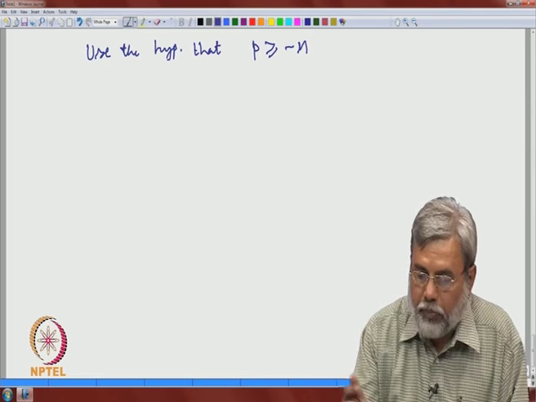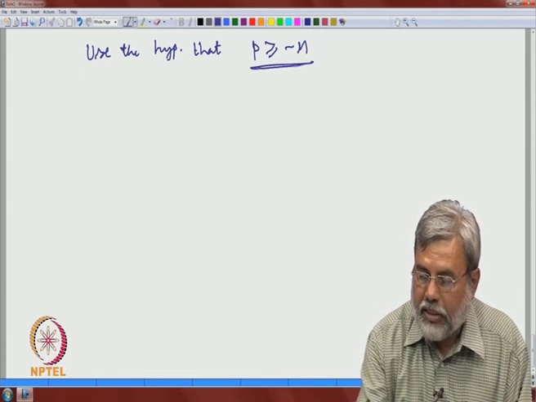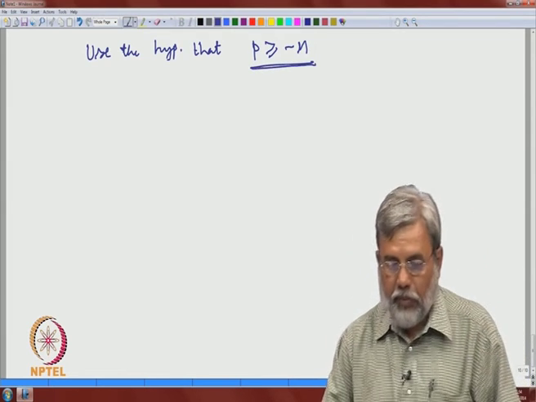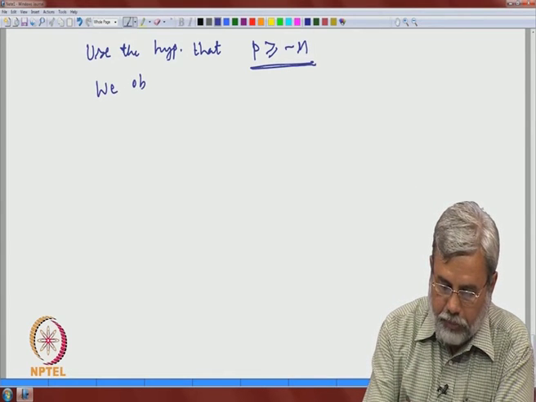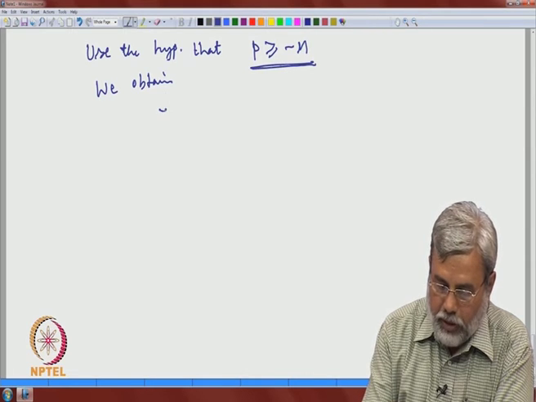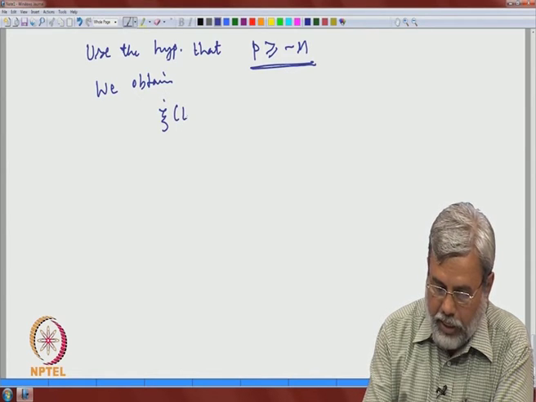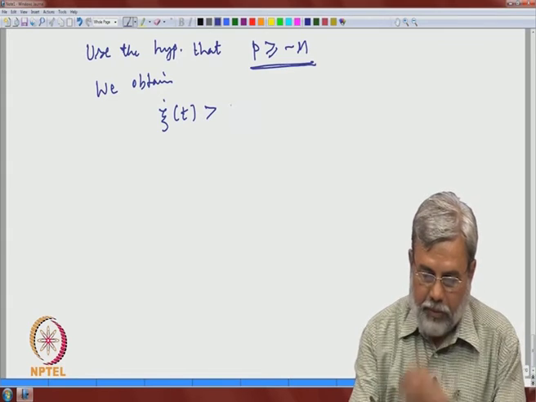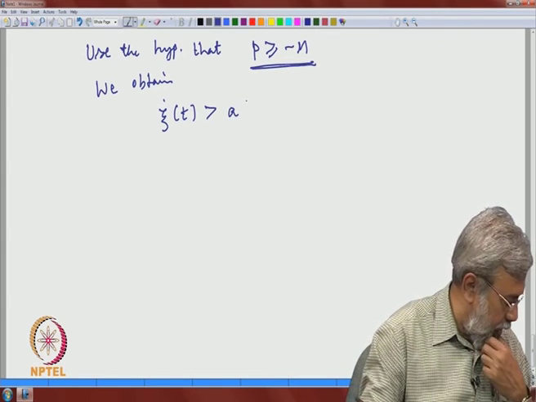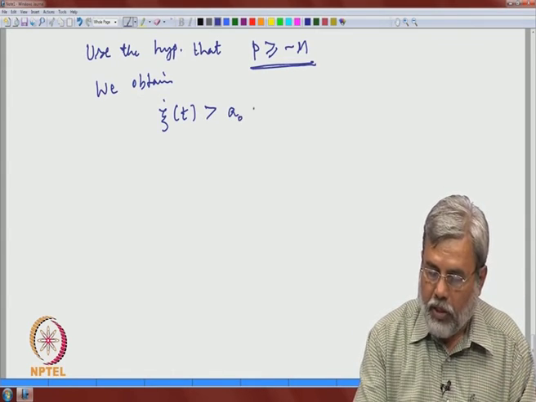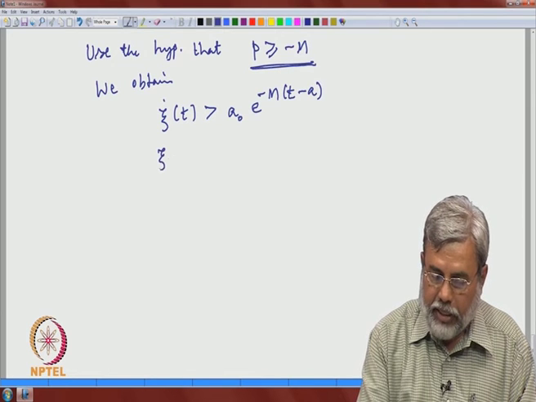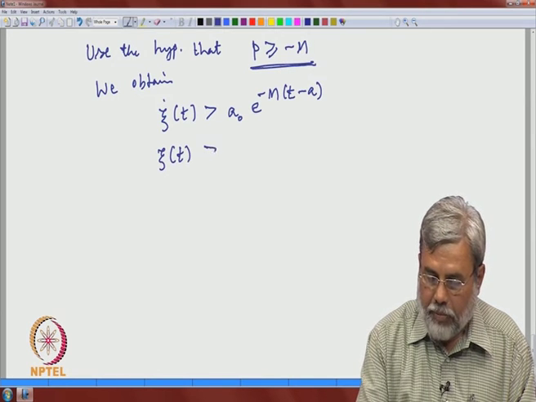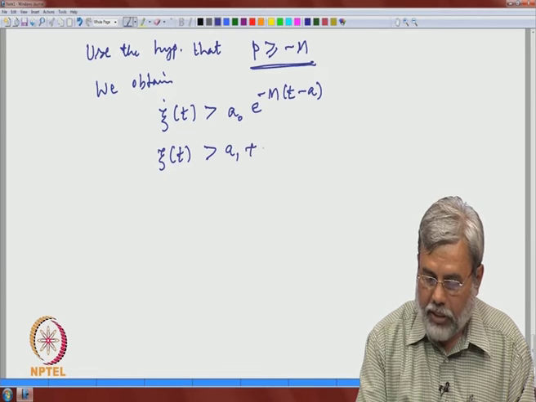And then if you plug in this hypothesis on P, we obtain J dot t is bigger than A0 e to the minus M (t minus A), and J(t) bigger than A1 plus A0.